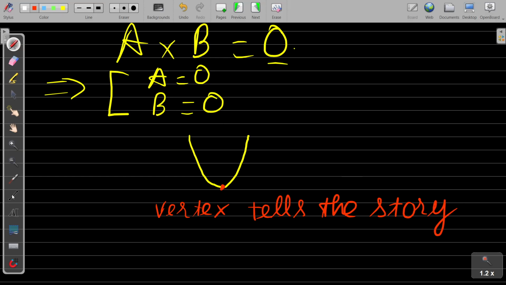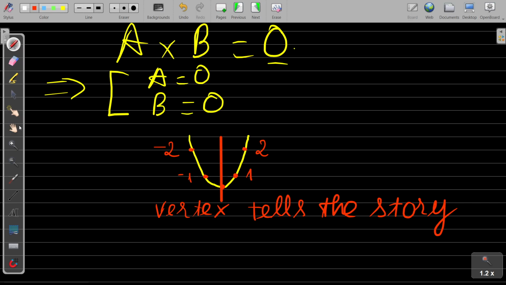What is the story of the vertex? When we draw a vertical line that goes through the vertex, we'll find that the points are symmetrical to each other. Here, this is 1, this will be -1. This can be something like 2, and this can be something like -2.